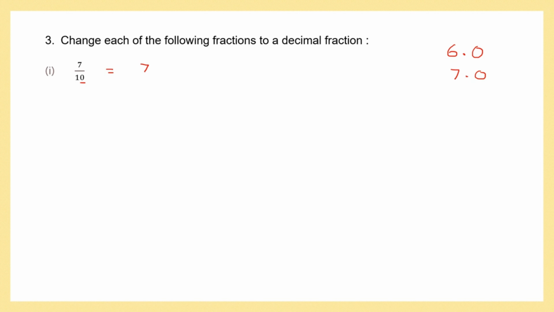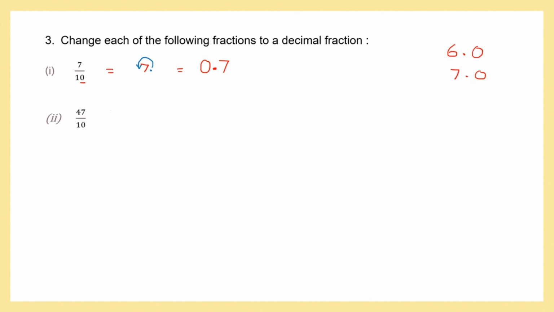Now since 10 has 1 zero, the point will move one place to the left. So my final answer will be 0.7. And since I don't have any number before the point, I write 0.7.